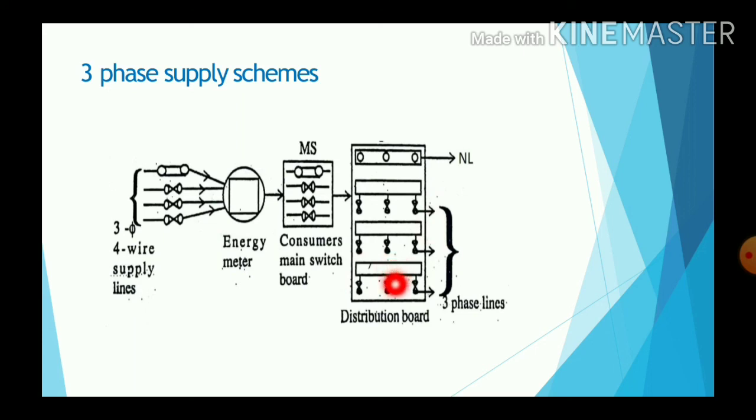The distribution board consists of neutral and three phases, and the load is equally shared in different sub-circuits, and from the distribution board the connections are taken to different sub-circuits.